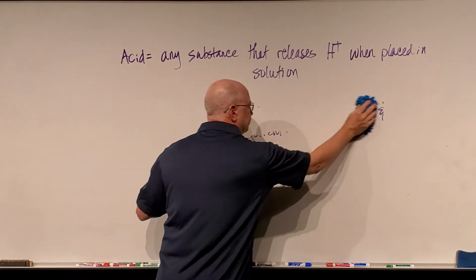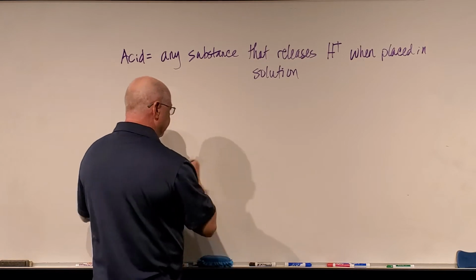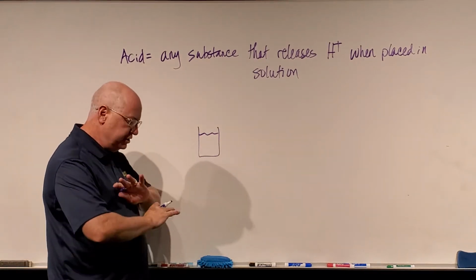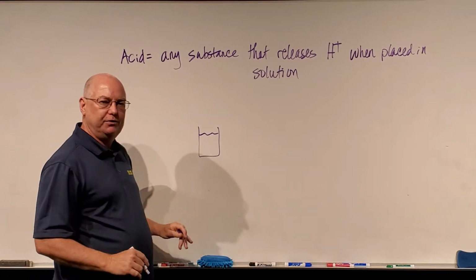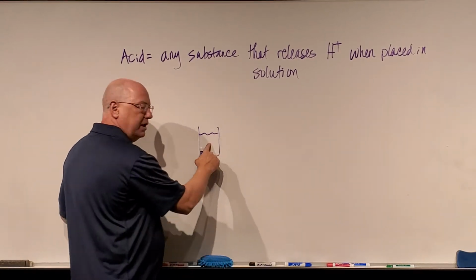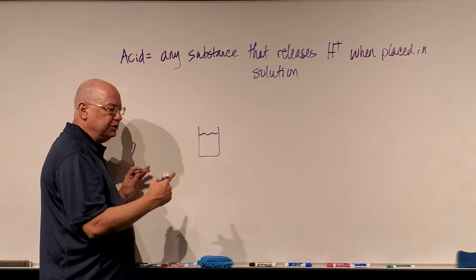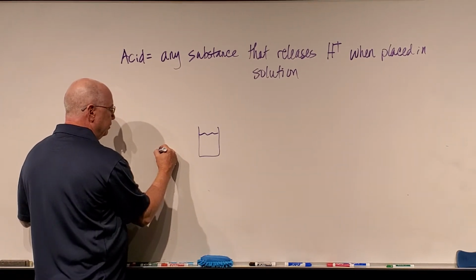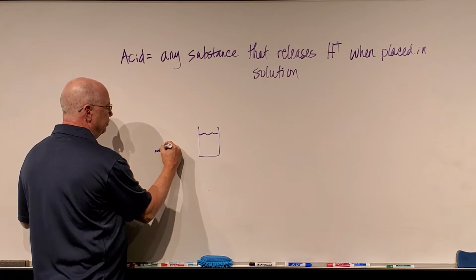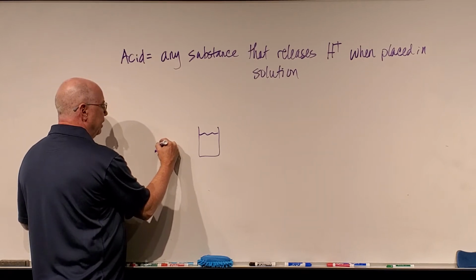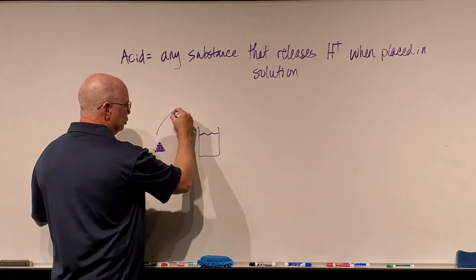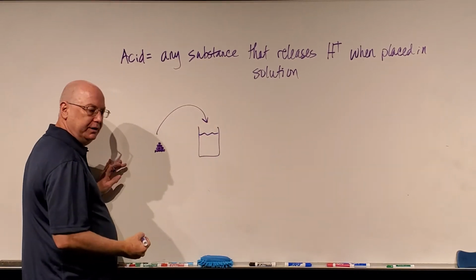So look, let's say I have a beaker full of water, and it is pure water. There's nothing else in it, completely purified water. That is not a solution, because there's nothing mixed in. Now let's say I have some pink or purple Kool-Aid, since I'm using a purple marker here. I have some powder, and I sprinkle that powder in here.